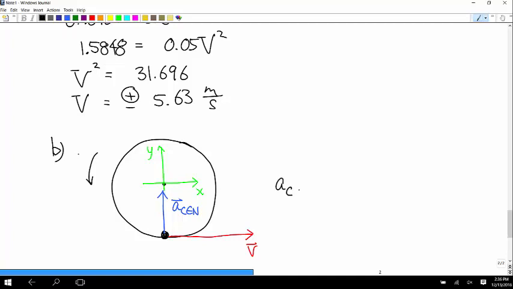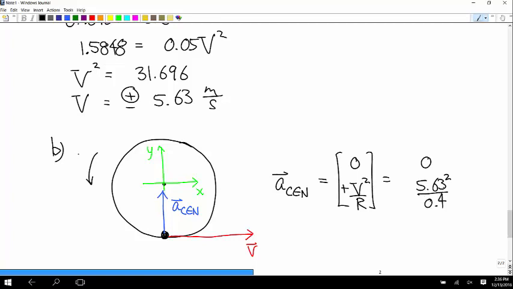And so the centripetal acceleration is in the positive y direction. That means it's equal to 0 for x, and positive v squared over r for y. So that's 5.63 squared divided by 0.4 for y.